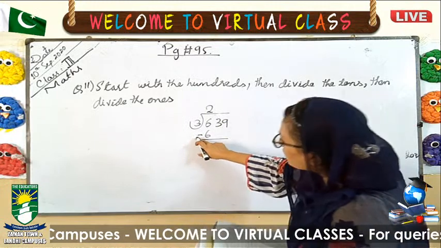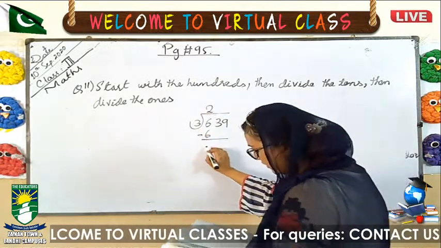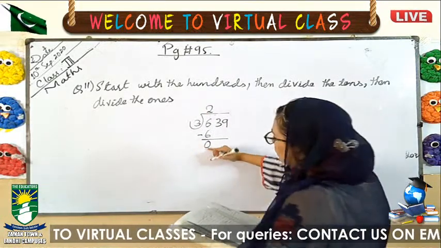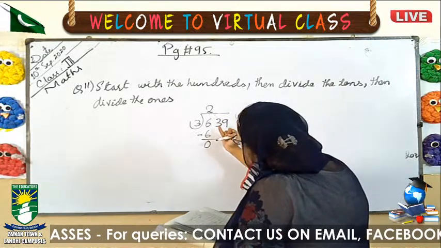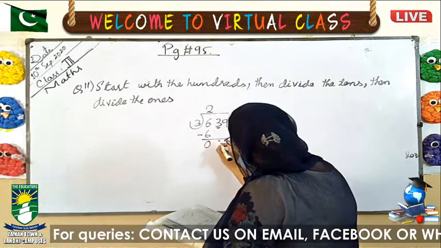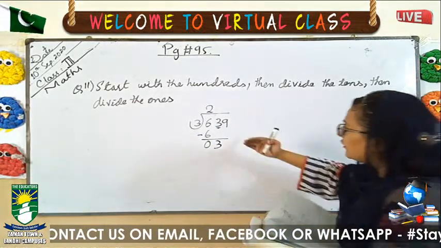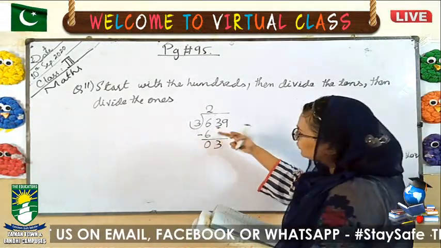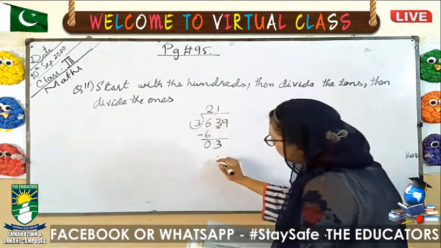After this, step 2 is we will subtract. Here there is nothing, because whenever we subtract the same numbers, we don't have anything. So after this we bring down this number 3. Now we divide the single digit. 3 in the table of 3 is possible: 3 into 1 is equal to 3.